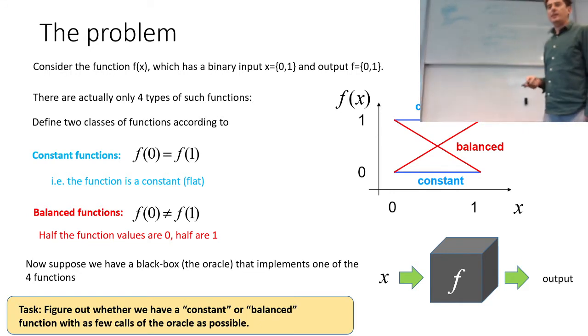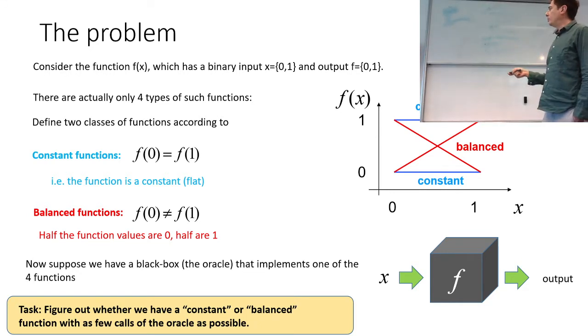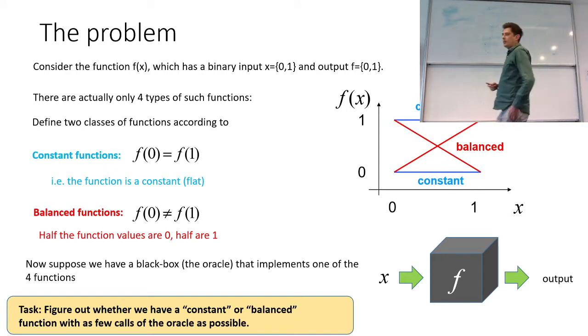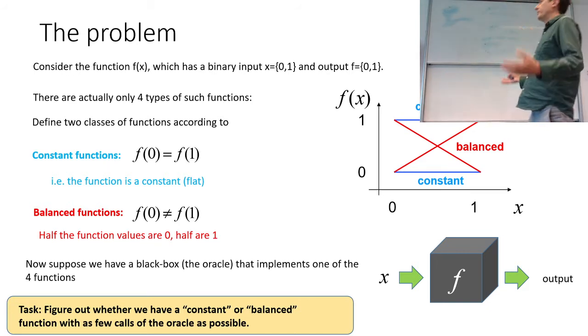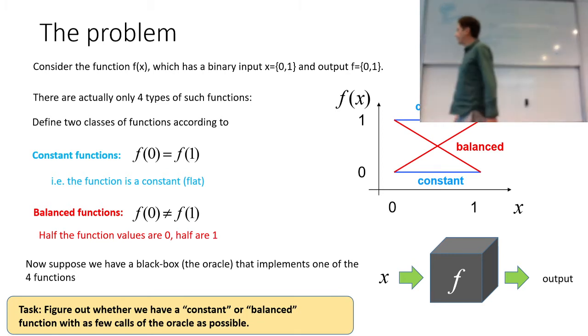Let's classify those 4 into 2 groups according to if they're constant like this, or if they're sloped, so basically the red or the blue ones. Again, it's sort of an arbitrary classification in a way, but it's for the purposes of showing that there's a quantum speed up.